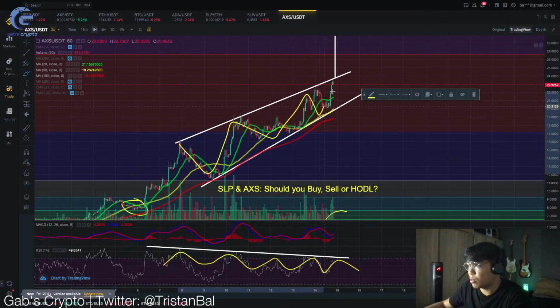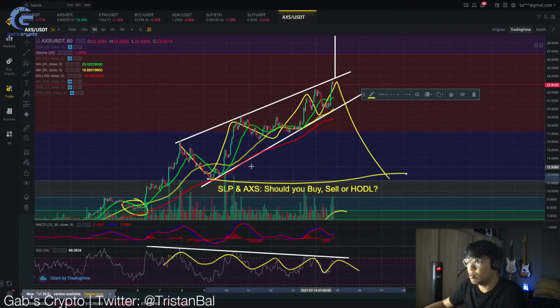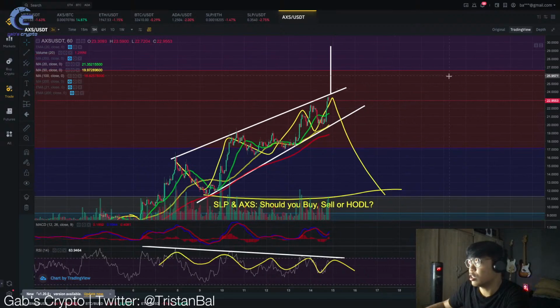So a pump and dump movement and then a breakdown to the bottom of the wedge, which is around 11.3 US dollars or roughly $12. Let's be safe with the movement. So $12 yung bearish price action. Pero ang ating bullish target would be this 29.52 US dollars.